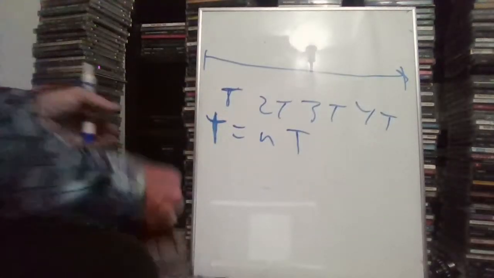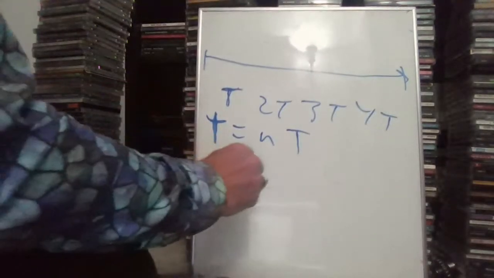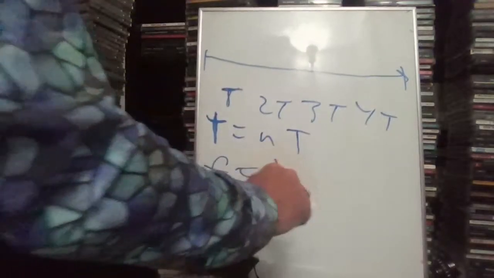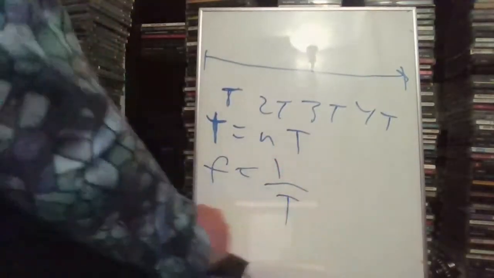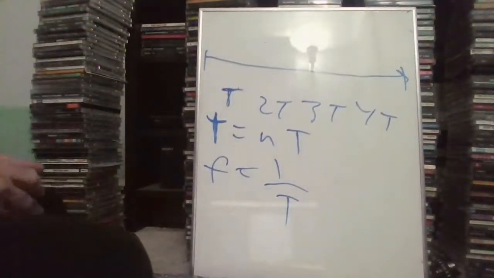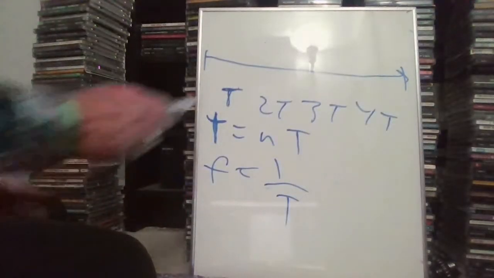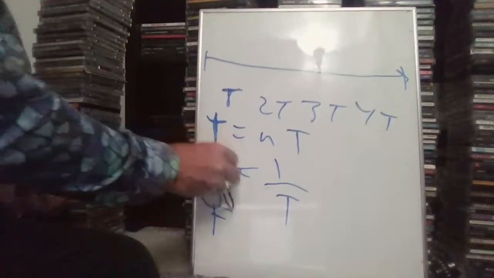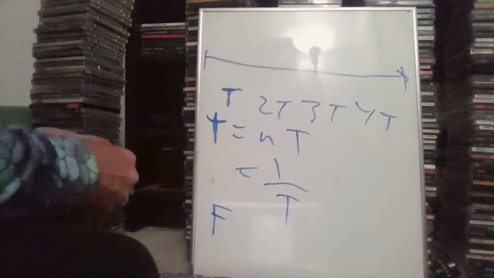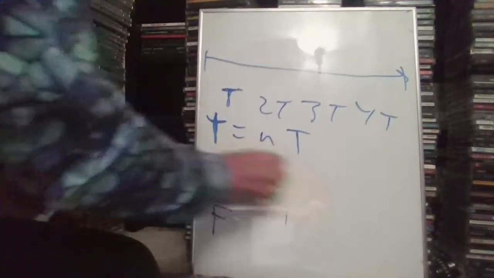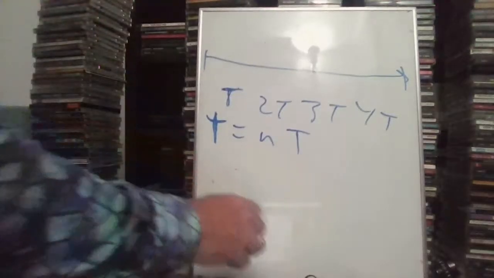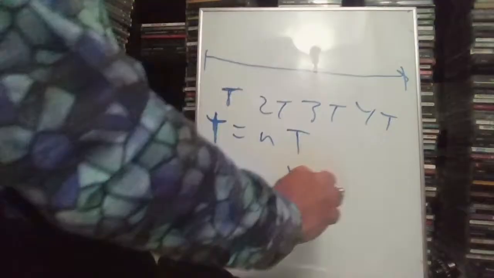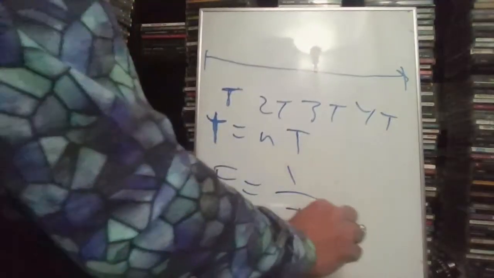So how does that affect the frequency? Well, frequency is 1 over T. I'm going to call the fundamental frequency 1 over the fundamental period.